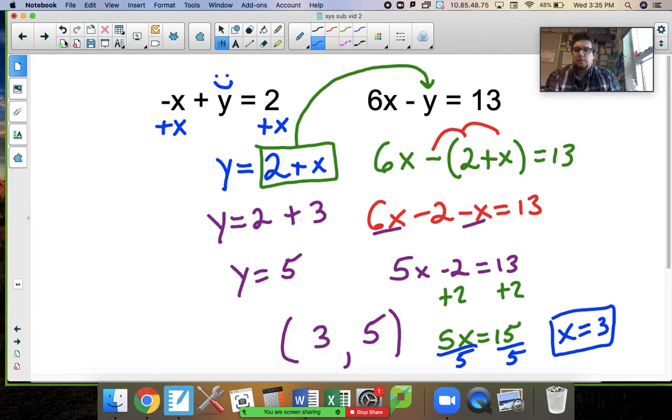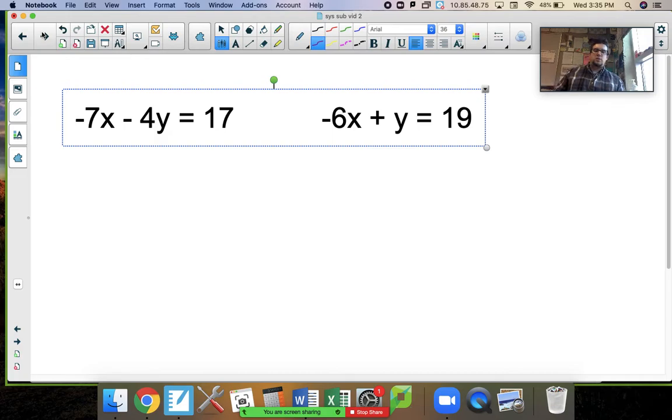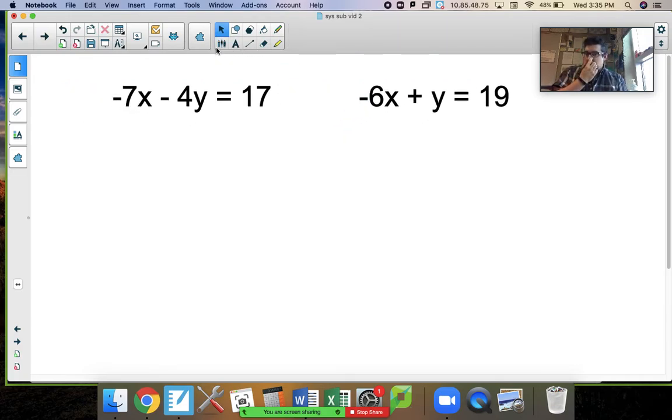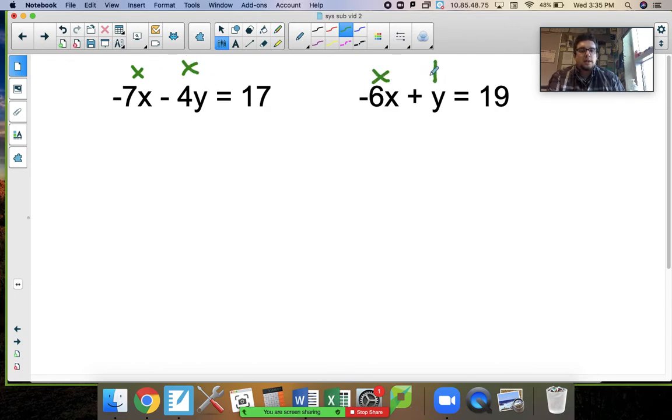So let's practice another one. We've got this equation right here. To isolate it, the best choice for us is we want to look for the variable that doesn't have a number with it. So not this one, not this one, not this one. This is the best variable to get by itself. Mathematically, you could get any of them by themselves, but you will be dealing with probably more complicated numbers.